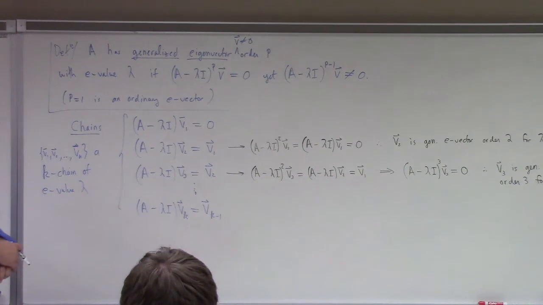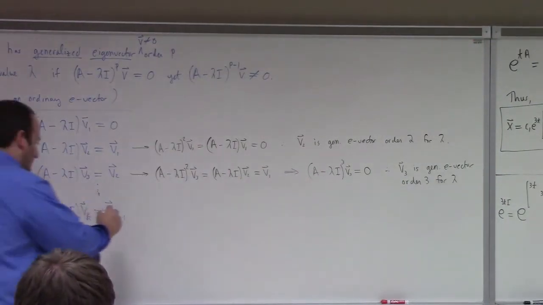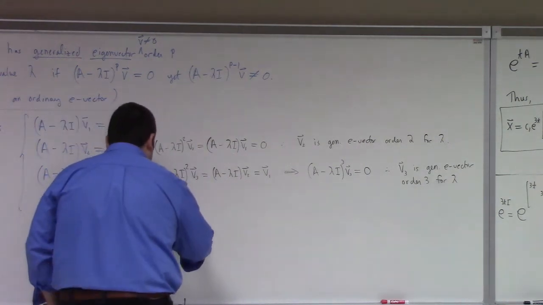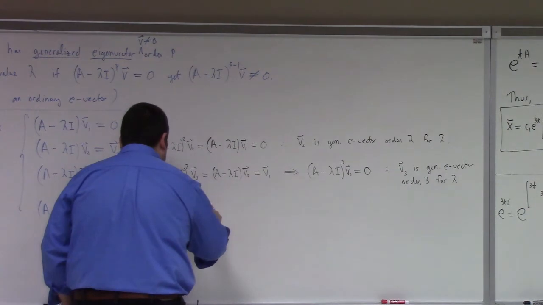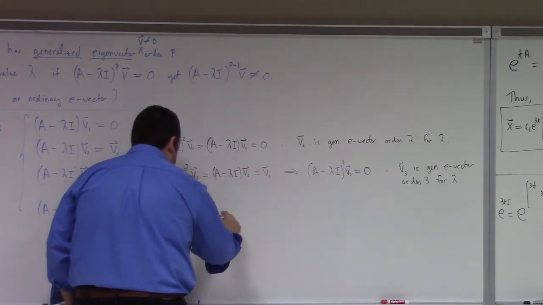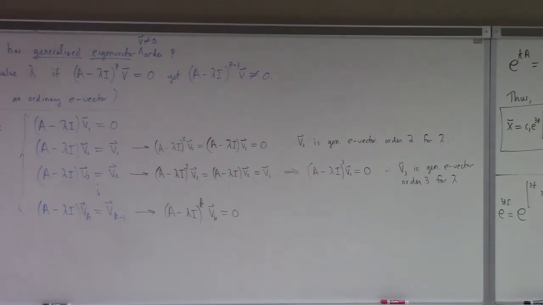So this imposes the p minus 1 power not being 0 on each level, this chain condition. And you see where this is going. This will, of course, give us that A minus lambda I to the k on vk is equal to 0. And yet, if I look at the k minus 1 power, it's going to be non-zero. Right?